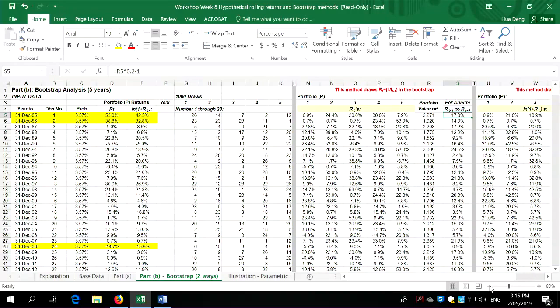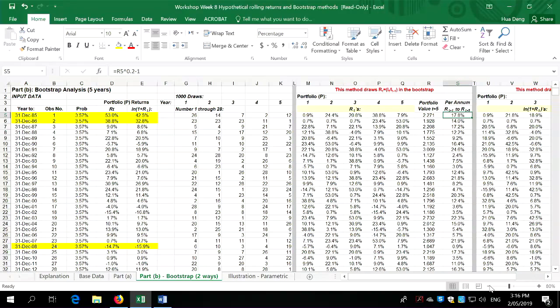I believe you have a fairly good understanding of Bootstrap so far. Bootstrap is a very powerful quantitative method in finance, especially in funds management and asset allocation.